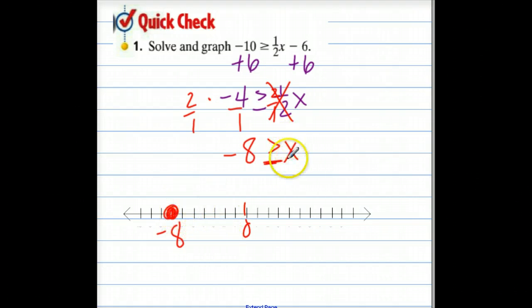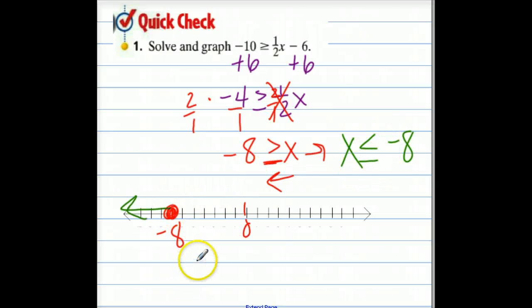I'm going to read it looking at my x and reading right to left. X is less than or equal to negative 8. Remember, I can also write this as x. Notice it's pointed to the x. The open part is away. So this might be easier to read. X is less than or equal to, so I'm going to the left, negative 8.